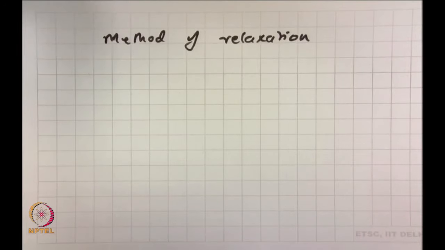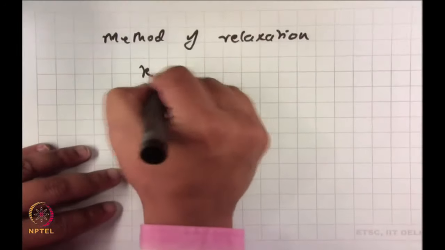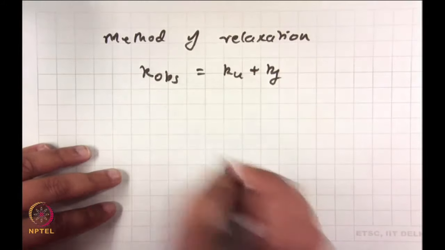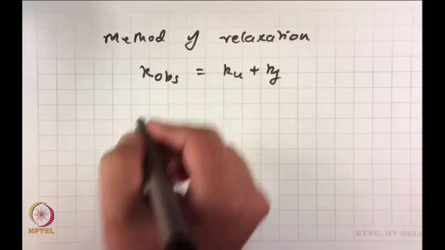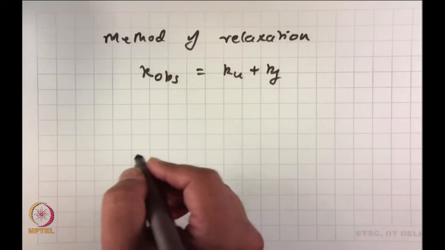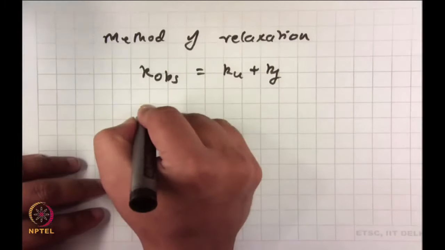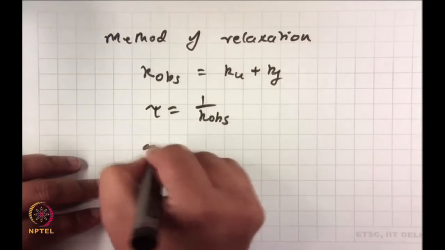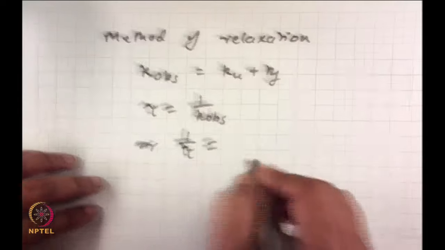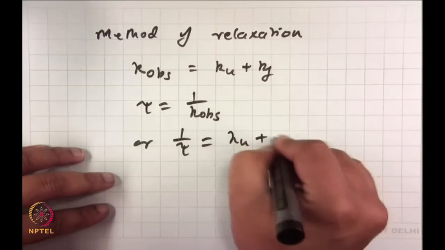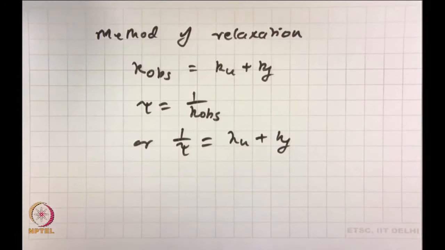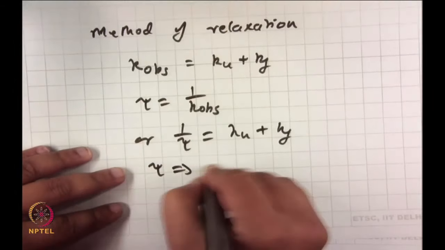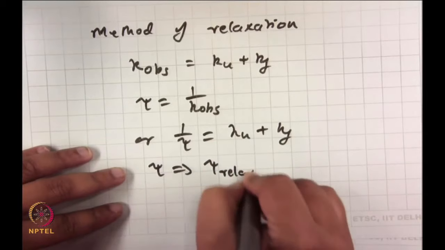And what is the rate constant of the relaxation? So, k relaxation or k observed is equal to k u plus k f. What is the relation between k and tau? Tau is equal to 1 by k observed, or 1 by tau is equal to k observed is equal to k u plus k f, and this tau is referred to as tau relaxation.